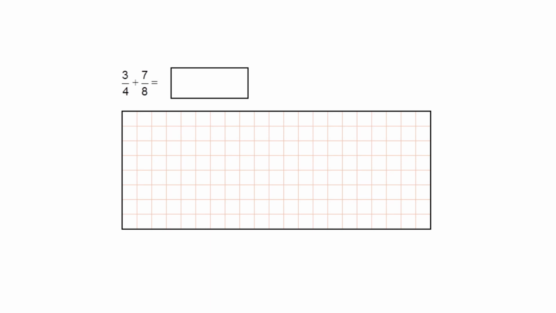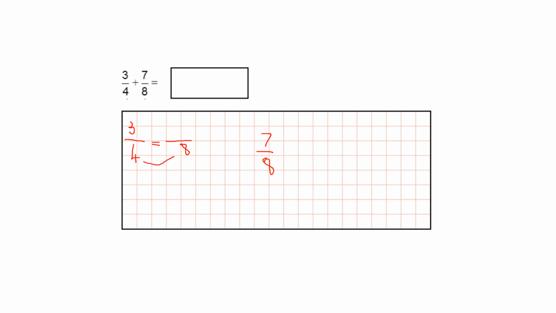Let's look at this question again. We've got 4 and 8. I know that 8 is a multiple of 4. So 7 eighths can remain the same. Now 3 quarters, I'm going to find an equivalent fraction for that. So 3 quarters, you ask yourself, equals how many eighths?